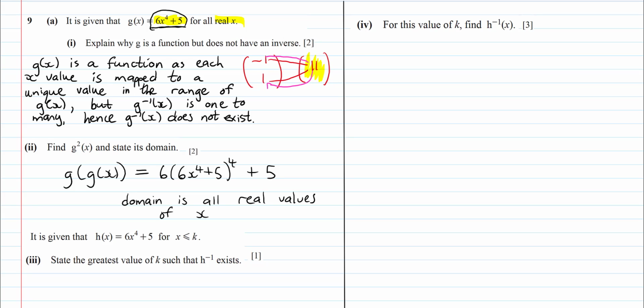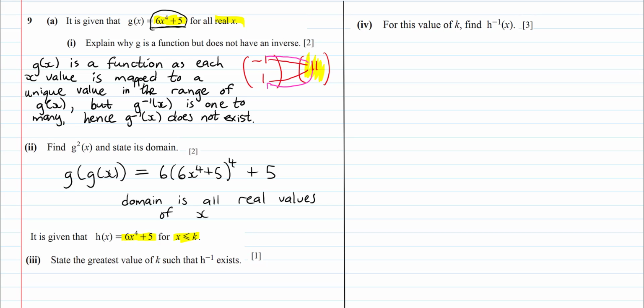For part 3, we're given that h of x is equal to 6x to the power of 4 plus 5 for x less than or equal to k, and we need to state the greatest value of k such that h inverse exists. If we have any positive number for k, like say 3, then if we plug in -3, for example, we're going to get that same value of h of x.